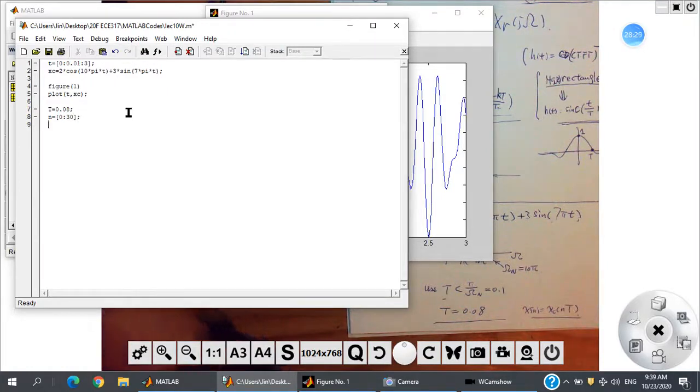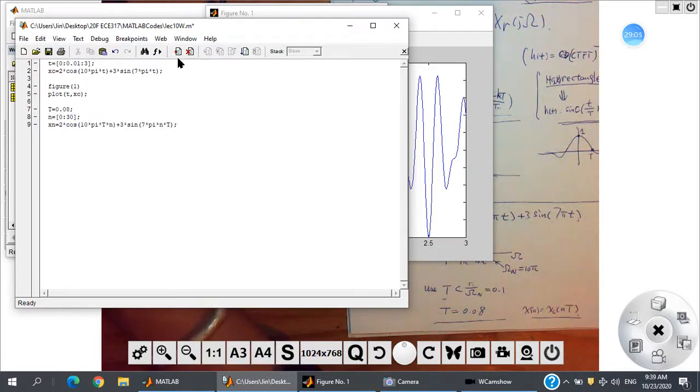Then I want xn. Xn is the samples of x from xc. So it's actually the same as this part, but t is now n times capital T. N times capital T, same thing. I have xn with these.